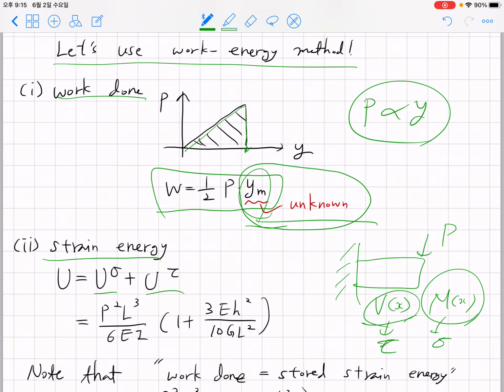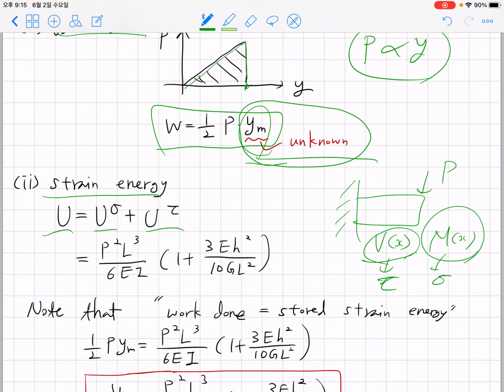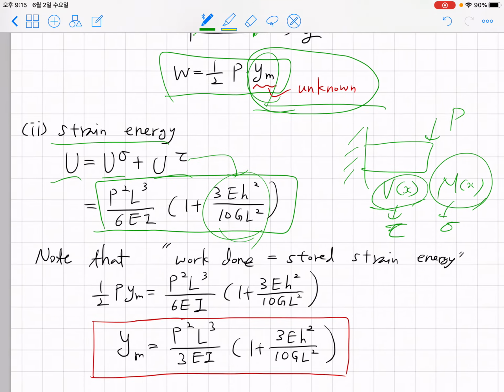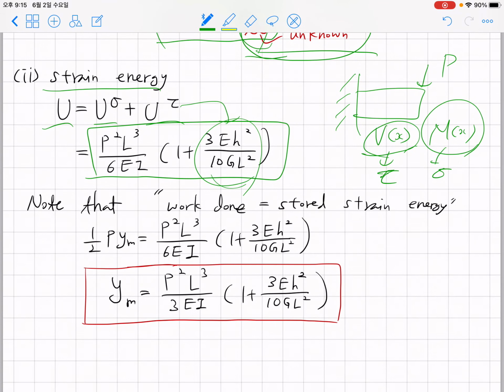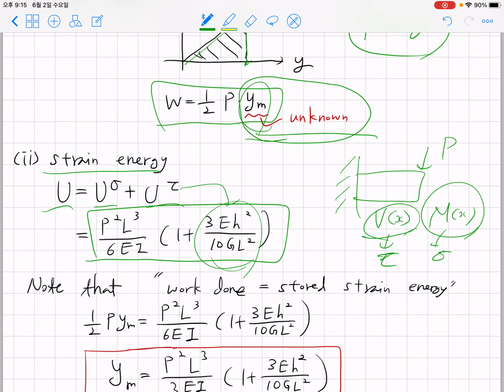And in the previous lecture we found that the strain energy can be written this way: P squared L cubed over 6EI multiplied by 1 plus this correction term, and the correction term comes from this tau term. Okay, so after realizing that we have obtained the expression for work W, we have the expression for the strain energy U, both in terms of P and other geometric and material properties. The only unknown is Ym.